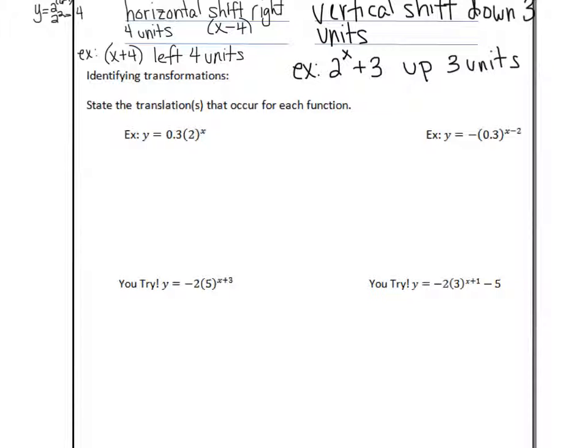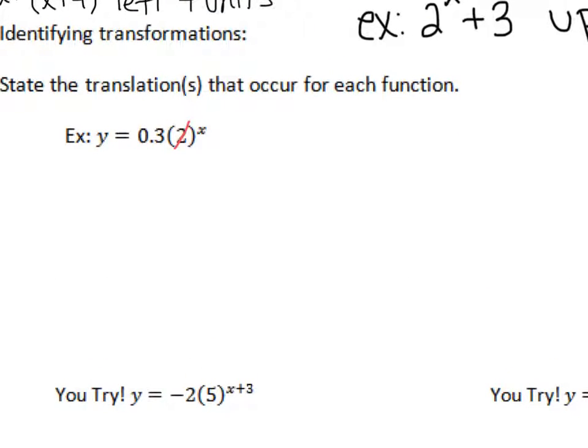Now remember, the number that we're not concerned with in identifying translations or transformations is this number, the base. The base tells us the exponential growth or decay, but it does not tell us anything to do with the transformations. So I'm going to go ahead and cross out that 2.